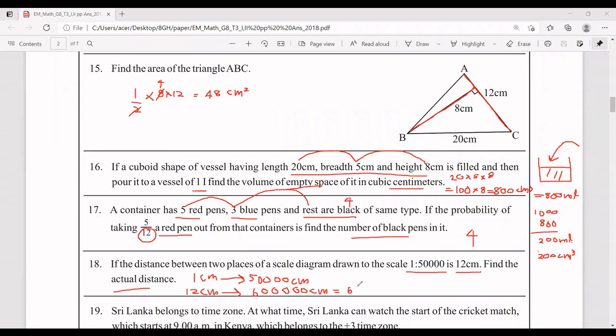If you remove 2 zeros, this is 6,000 meters. Now you can convert into kilometers. 1,000 meters equal 1 kilometer. Then 6,000 meters equal 6 kilometers.